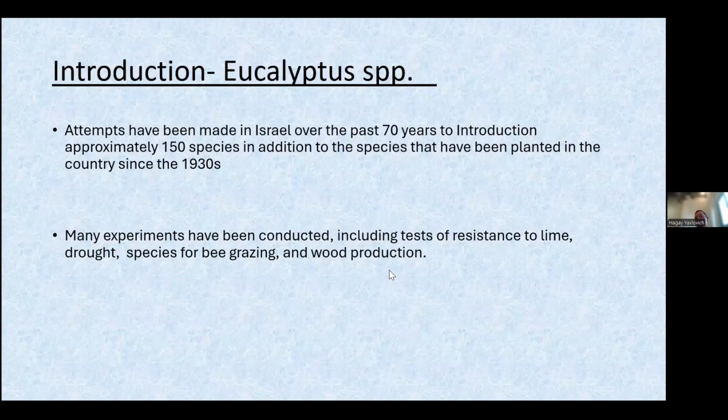And of course, eucalyptus came from Australia. It's not native to Israel. It's not invasive, so we can plant it with no fear of invasiveness, and it gives us a solution for places where we don't have the answer from native trees.